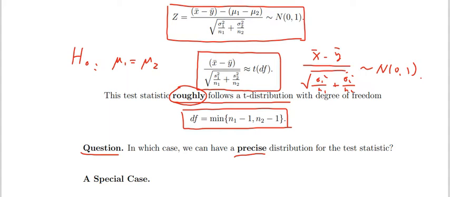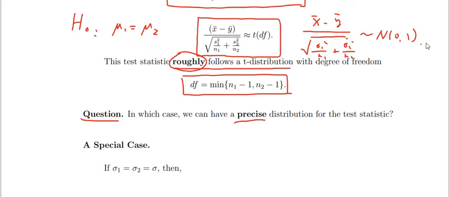Okay, so let's check a typical situation, a special case. Where does the T distribution come from? If we replace sigma by S, then Z distribution becomes T distribution, right?